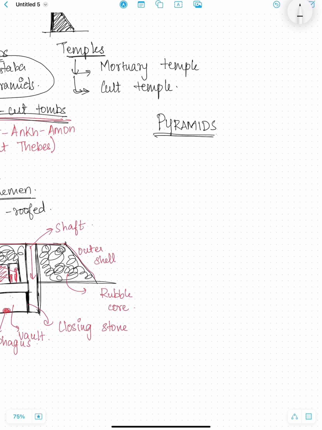So there were three types of pyramids before it eventually evolved to the famous pyramid, like the pyramid of Giza. First there was the stepped pyramid, and a famous example of this is Zoser at Saqqara.